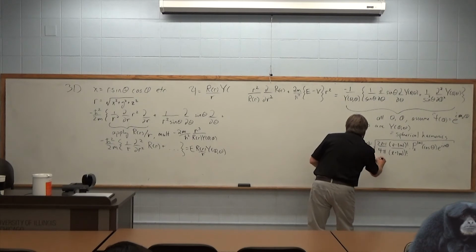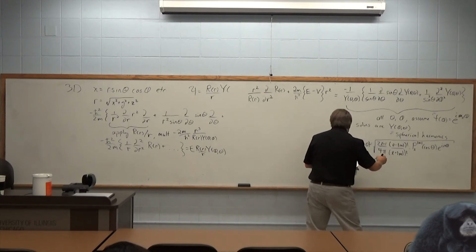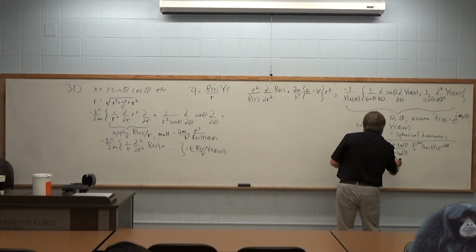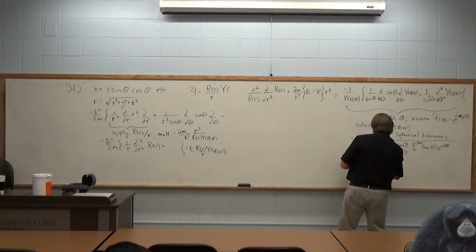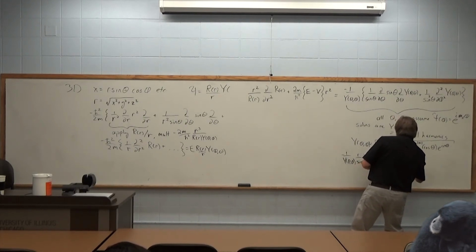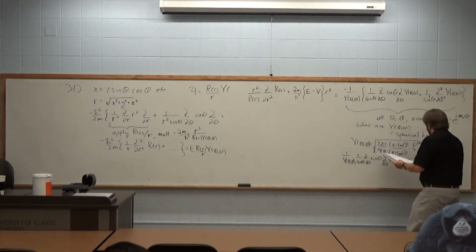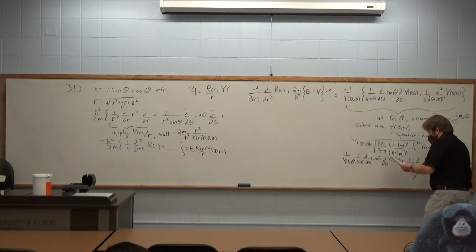You do have to separate it. And again, the phi part is e to the i m phi, leaving behind the theta part. And so the end result here is what I'm showing you.